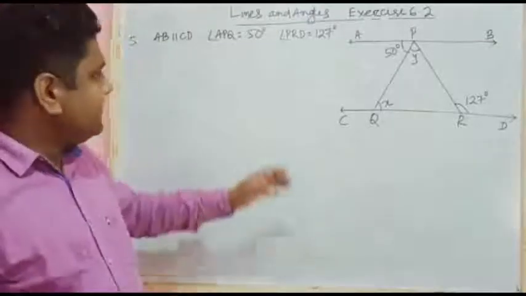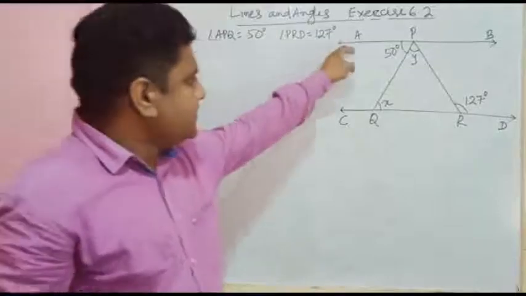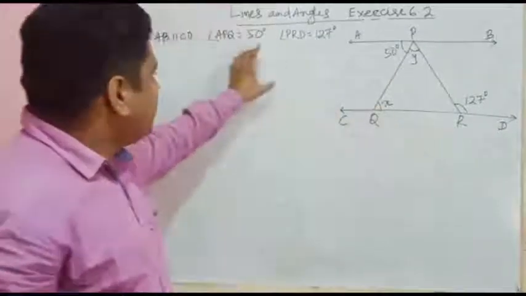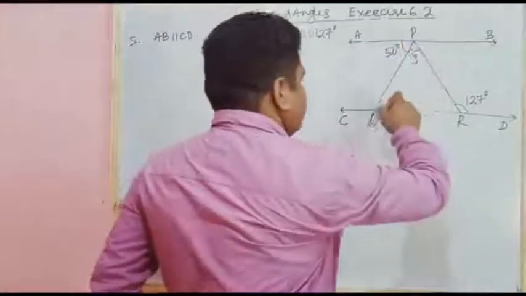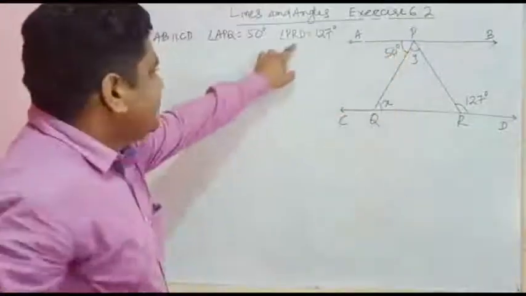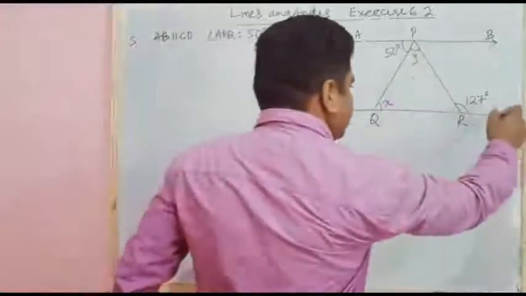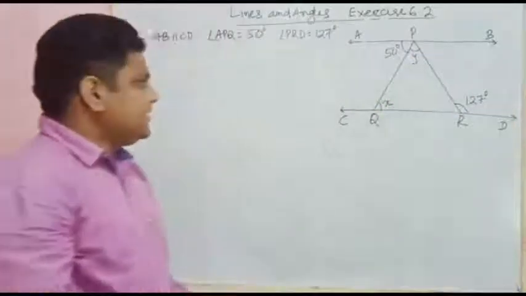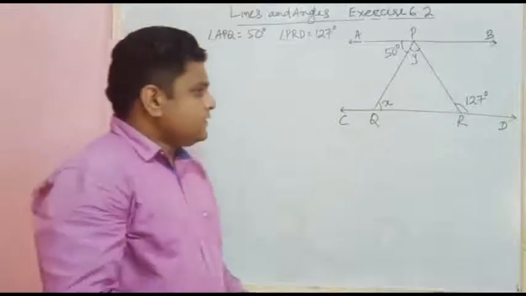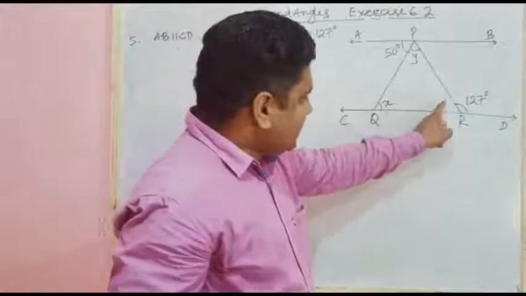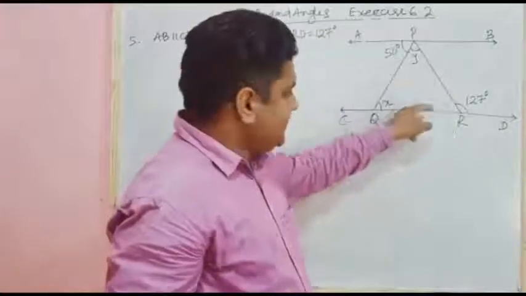In number 5 it is given that AB is parallel to CD. These two lines are parallel, and angle APQ, this one, is 50 degrees, and PRD, this one, is 127 degrees. We have to find the values of x and y. For this purpose, let's find this angle, means angle R of triangle PQR.